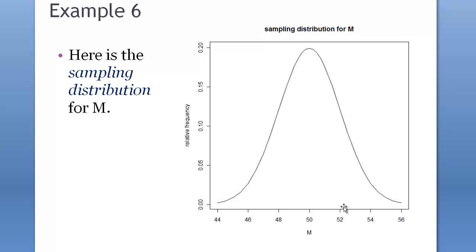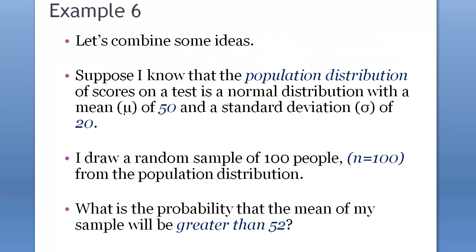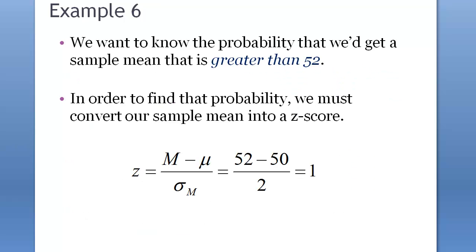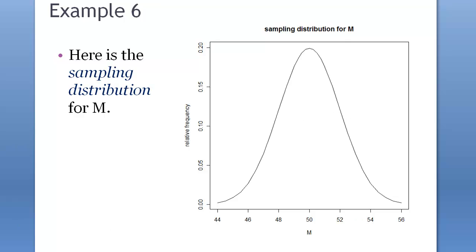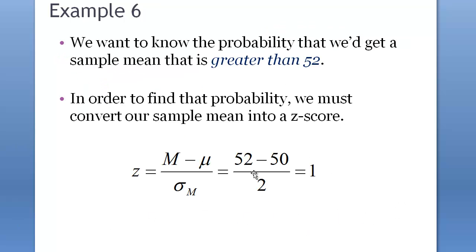And how do you do that? You get the z-score for this and then get the proportion. How do you get the z-score here? First of all, what you need is the mean, which is 50. This particular sample mean is 52, so 52 minus 50 divided by the standard error, which in this case is 2, is 1.